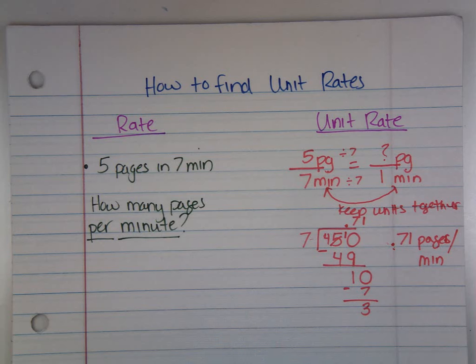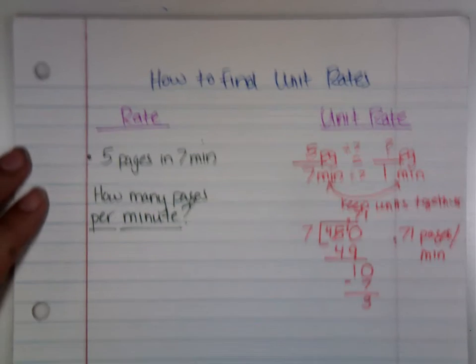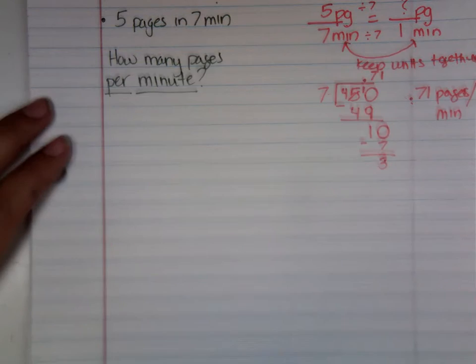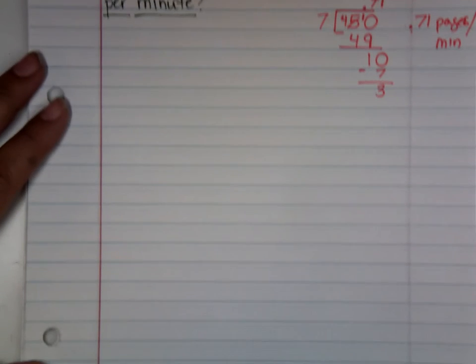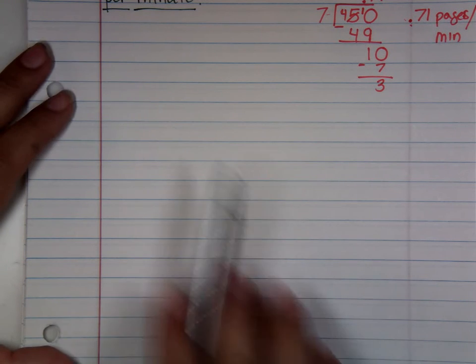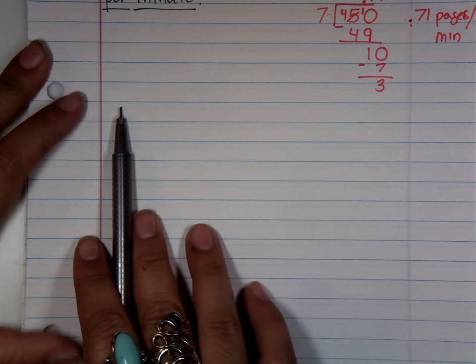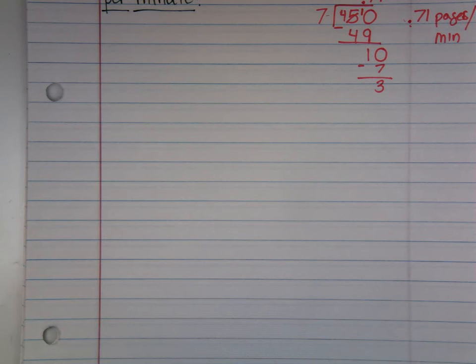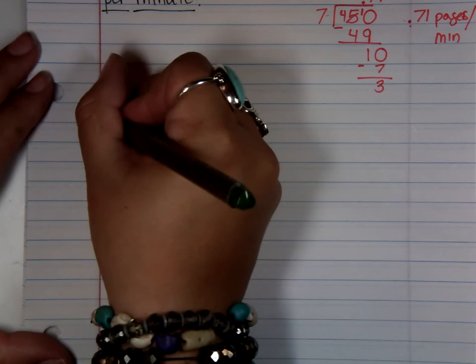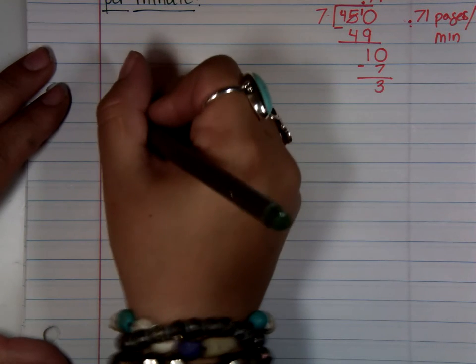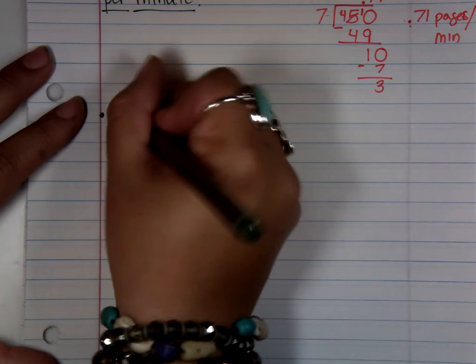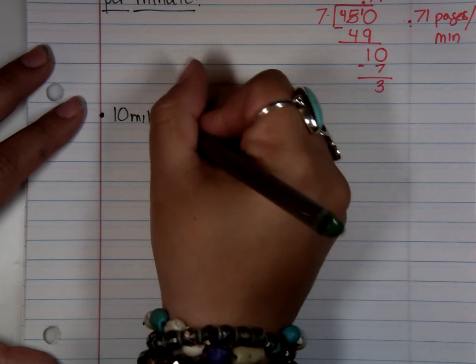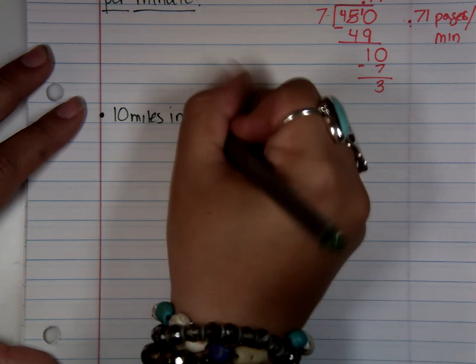So let's go on to another one. So the next one we talked about miles per hour. Okay, we talked about rate of speed. So for this one, we said that you rode a bike 10 miles in 2 hours.